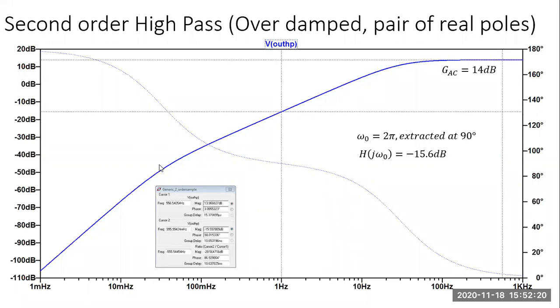But here's the thing with the high pass: what really changes? The denominator is still the same, but now the numerator is different.